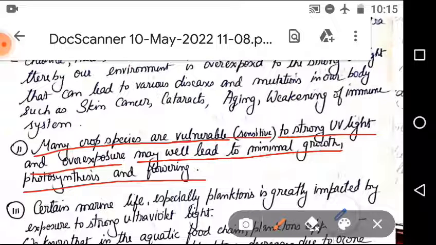So excessive ultraviolet rays are not good for certain plants, because some plants, especially herbs, are very sensitive. It leads to delayed pollination, delayed photosynthesis, and minimizes their growth and flowering patterns.